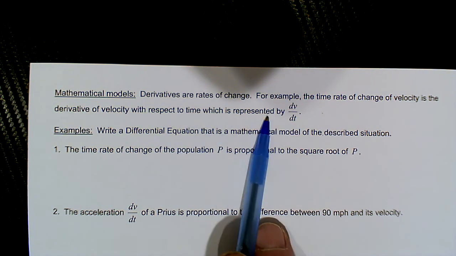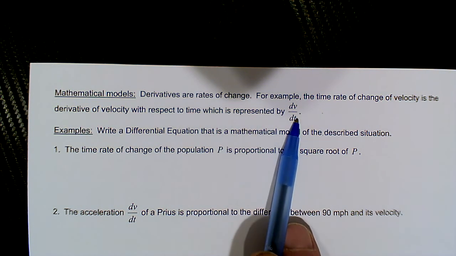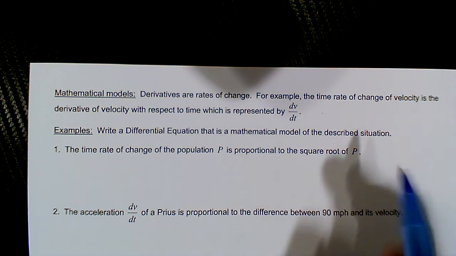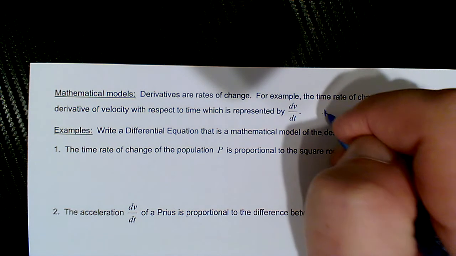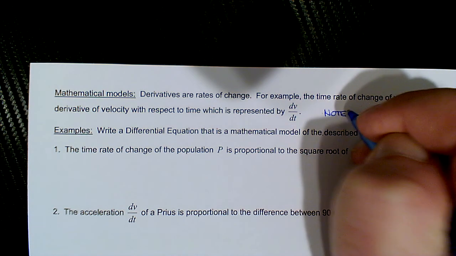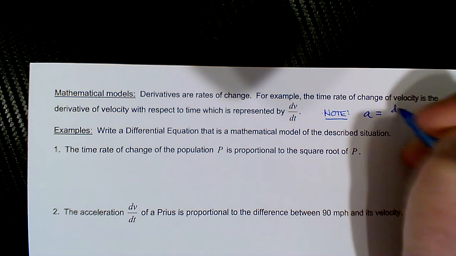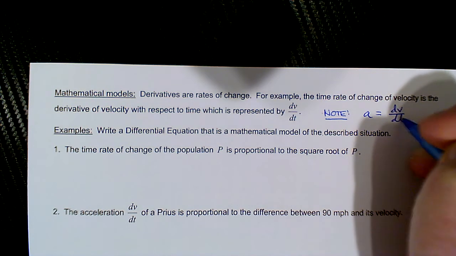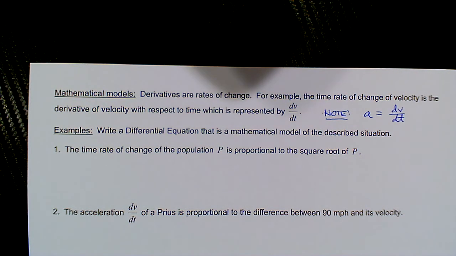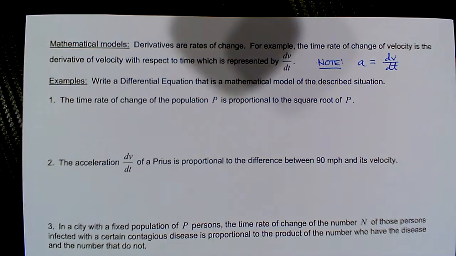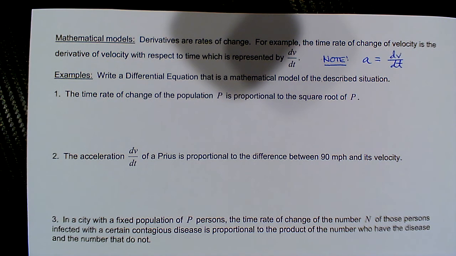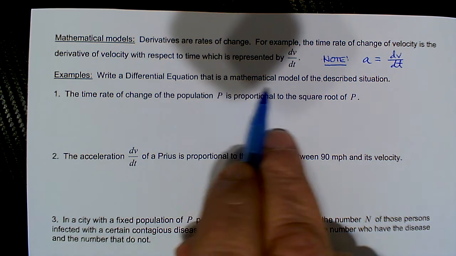And actually note here that the acceleration a is the time rate of change of the velocity, so dv dt. And if we want to write a differential equation, that's a mathematical model of the given situation. So it says the time rate of change of the population p.